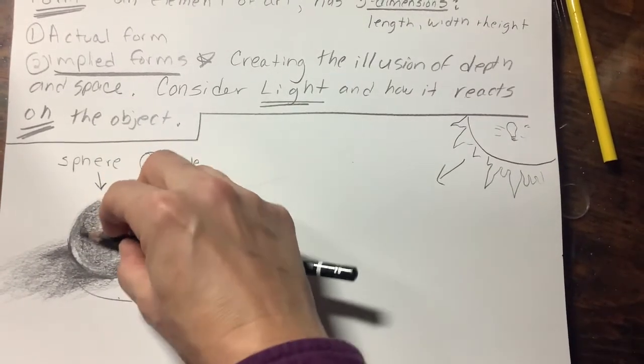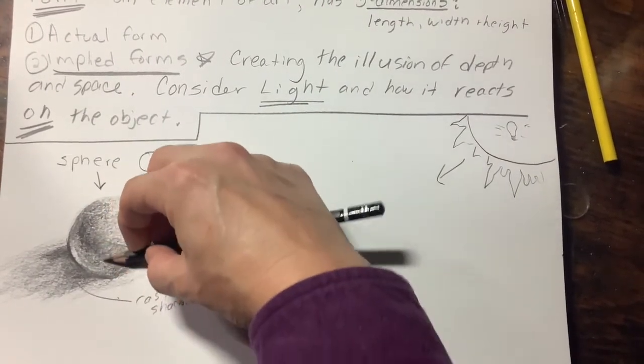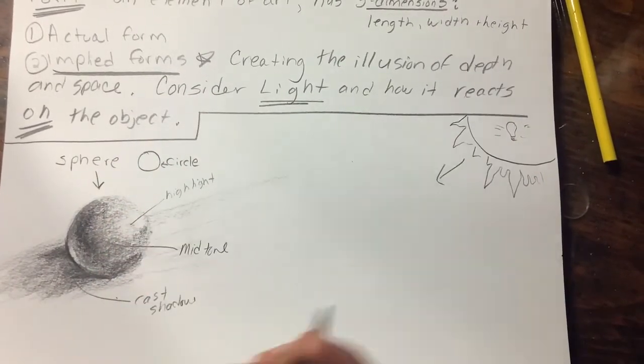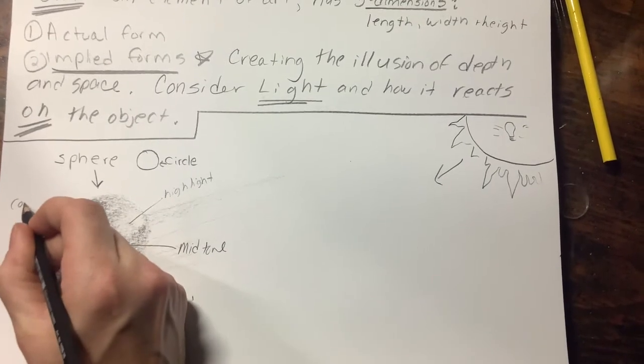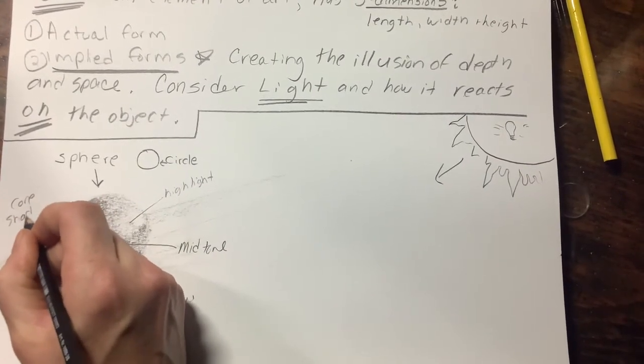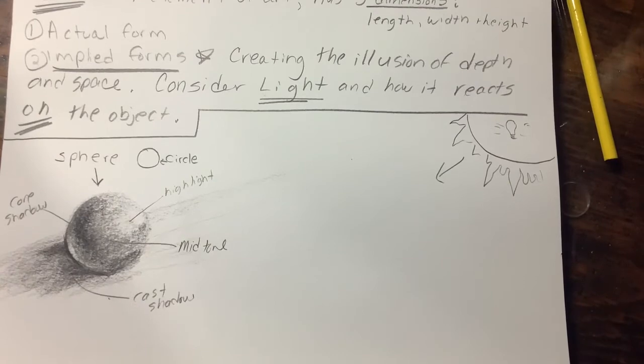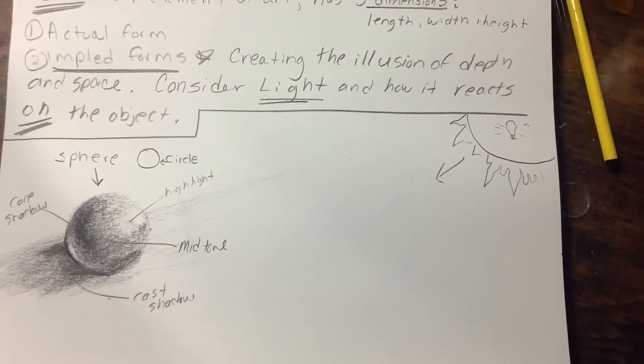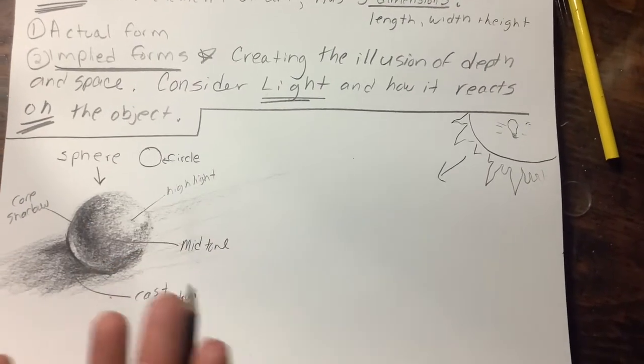This part right here is called the core shadow, which needs a little bit more work. Core shadow. I think I got everything. Let's see, highlight, mid-tone, cast shadow, core shadow. All right, so that's pretty much the form. That's how you do it.